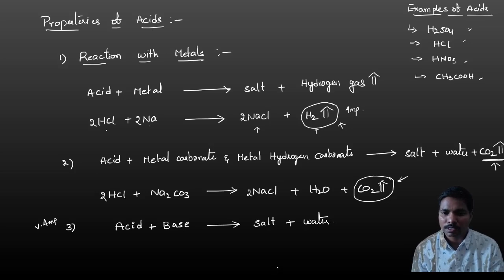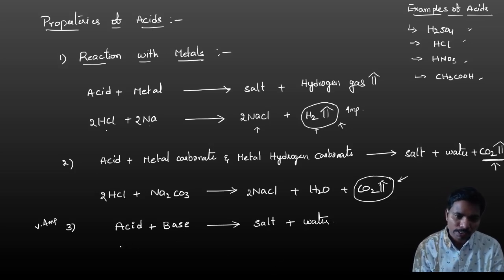Okay, salt plus water. So here, let us take one acid, HCl, and one base, NaOH. Now, HCl becomes H plus and Cl minus. NaOH becomes Na plus and OH minus.